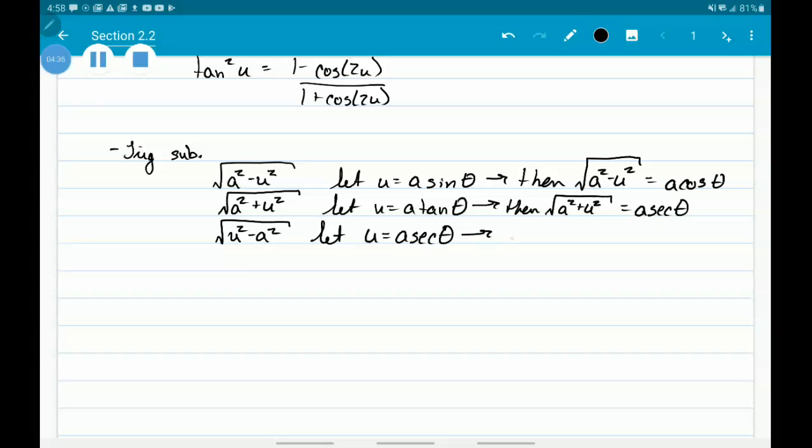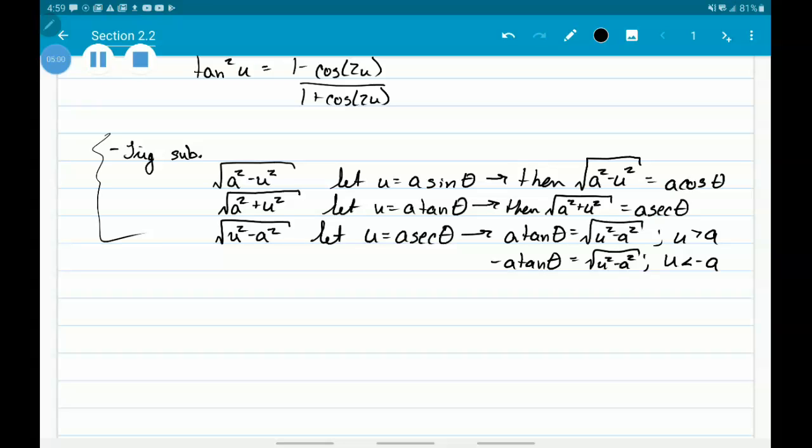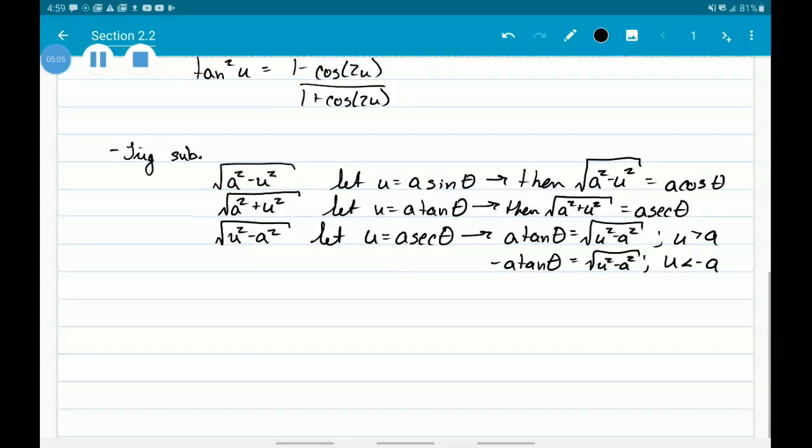So then we got a tangent of theta was the square root of u squared minus a squared when u was bigger than a, and negative a tangent of theta equals the square root of u squared minus a squared when u is less than negative a. We won't see these very often in this course, but I just want to remind you those are things that you talked about back in Calc 2.